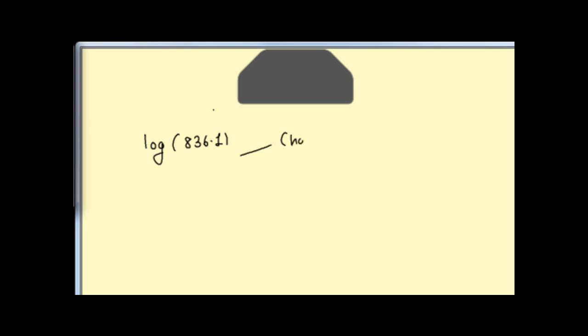First part is characteristic and second part is mantissa. Characteristic is given by number of digits before decimal place. Here we have 3 digits, 836. So characteristic will be 3 minus 1, we have to subtract 1. So characteristic will become 2.